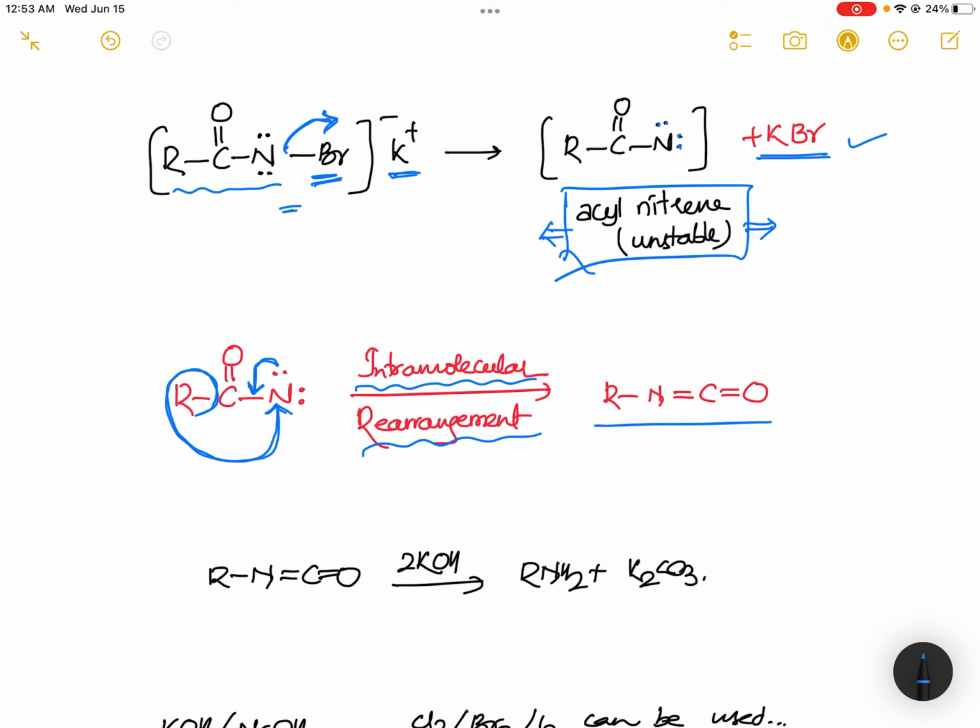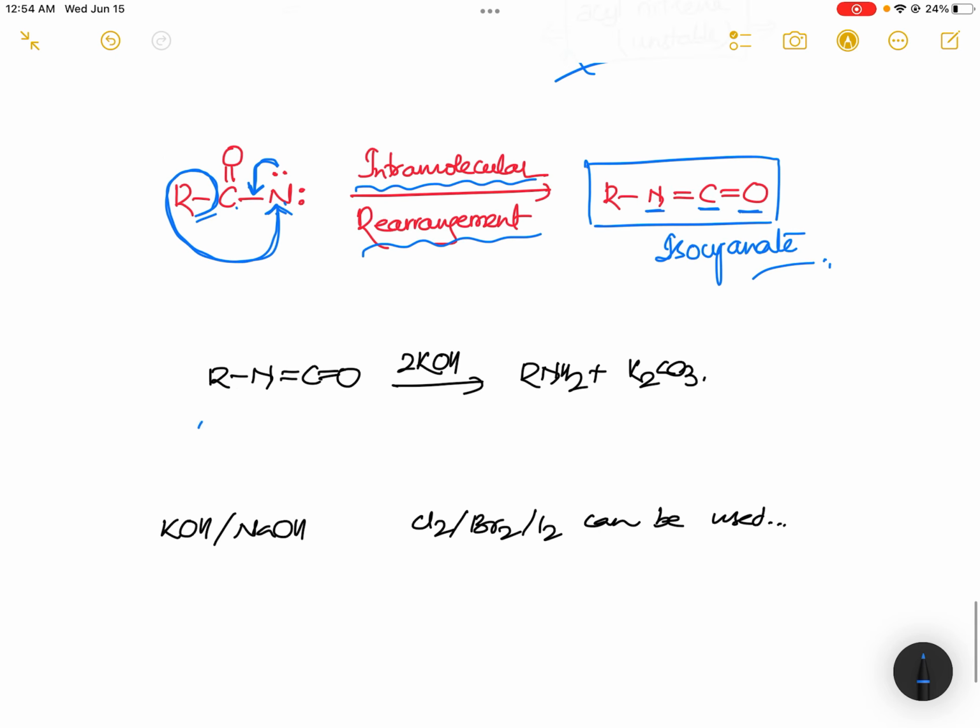So R is shifted here, attached to N. N has a double bond with carbon, carbon has a double bond with oxygen. This is isocyanate. This isocyanate, when treated with KOH, gives you amine, 1 degree amine. Amide to amine, Hofmann bromamide reaction, carbon degradation reaction.